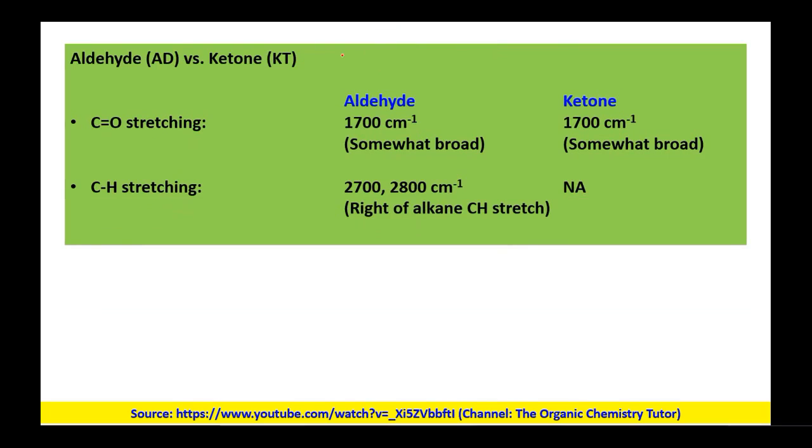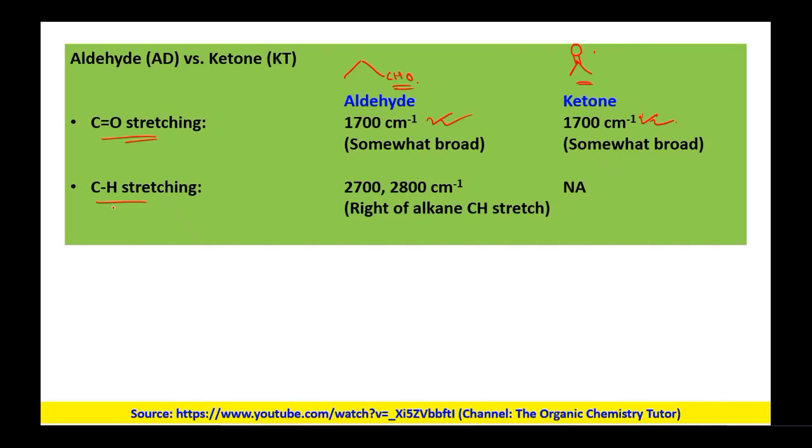Then aldehyde and ketone. Herein we will be having ketone like this. CO stretching in both the cases we will be having, C double bond O, C double bond O. So at 1700 you will be getting stretching.